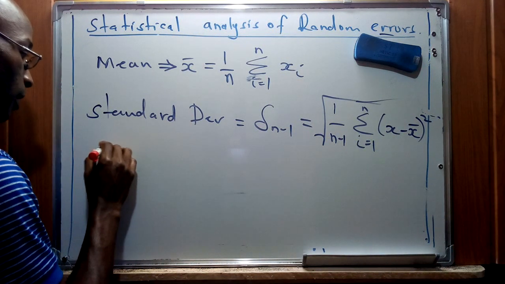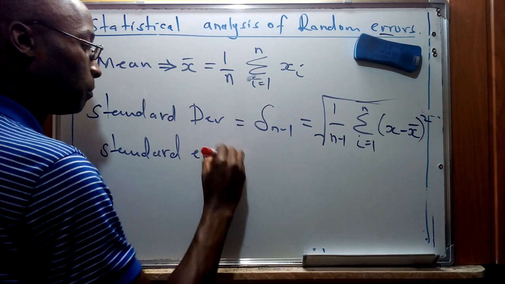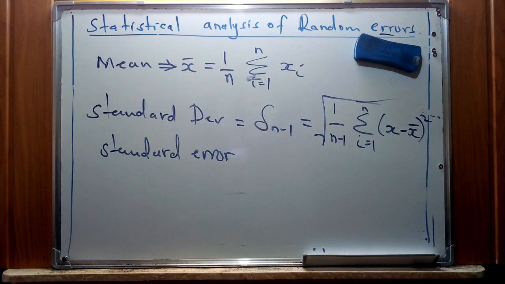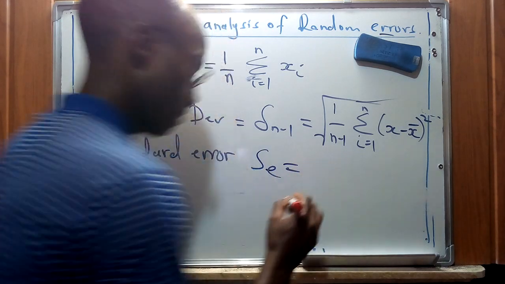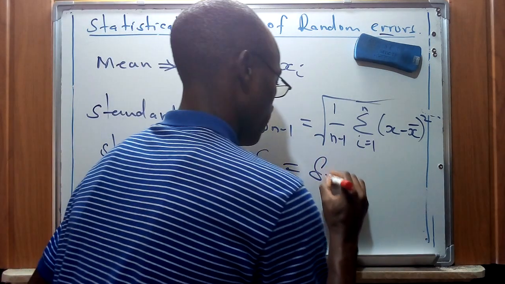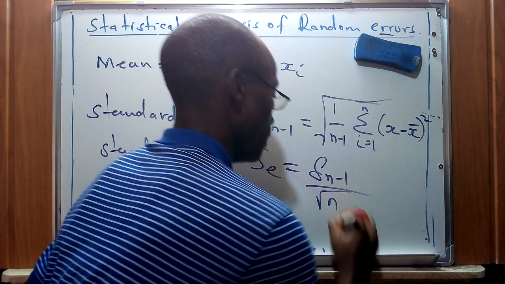Then we talked about the concept of a standard error, which is the uncertainty in the mean value of x. So it's going to be given as the standard error as such.